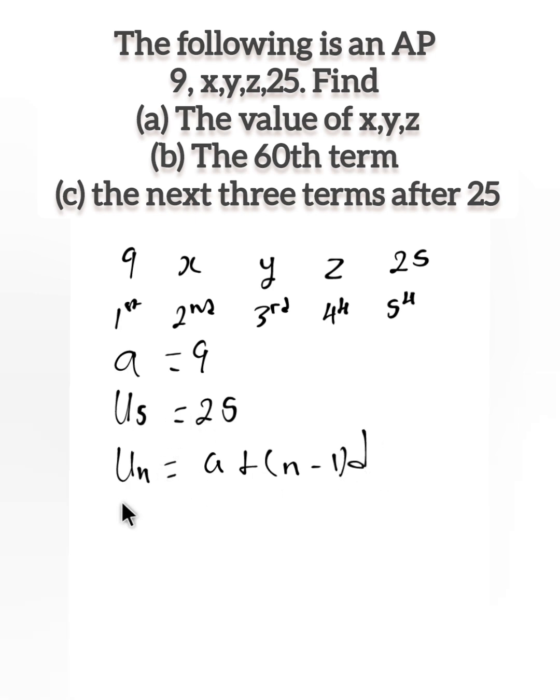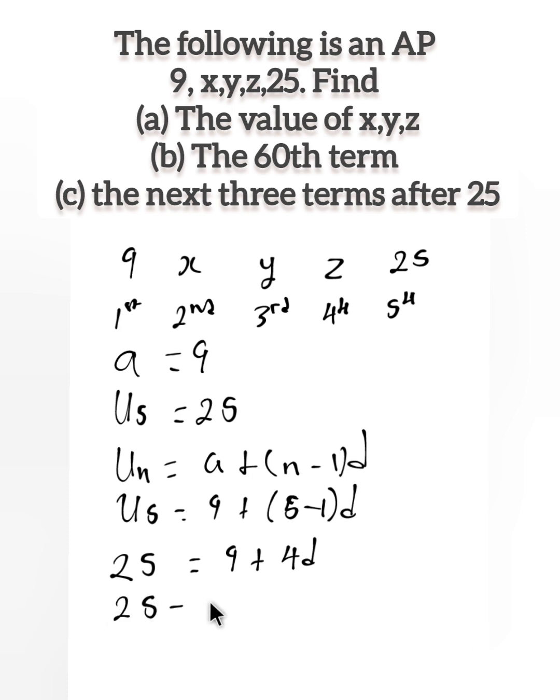Now U5 is 25, U5 is equal to a, which is 9, plus 5 minus 1 d. We're looking for d, but U5 is equal to 25, so here it should be 25 is equal to 9 plus 4d. So if we take like terms, 25 minus 9 is equal to 4d, and 25 minus 9 is 16, equal to 4d. When we divide both sides by 4, 4 cancels 4, we end up having that d is equal to 4, because 16 over 4 is 4. So the common difference is 4.